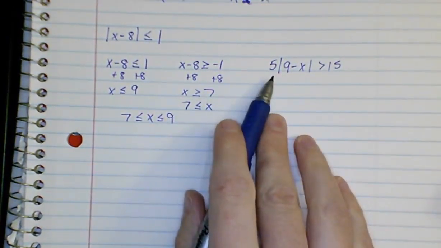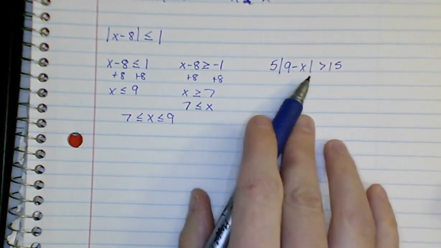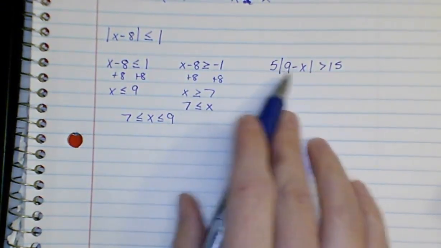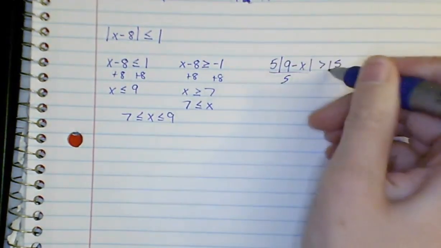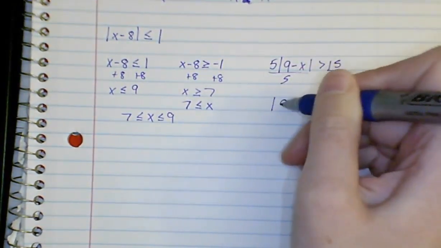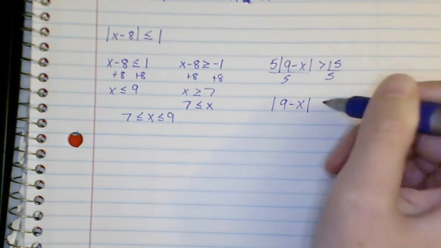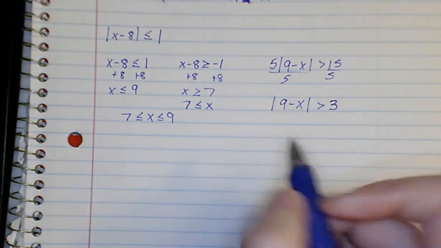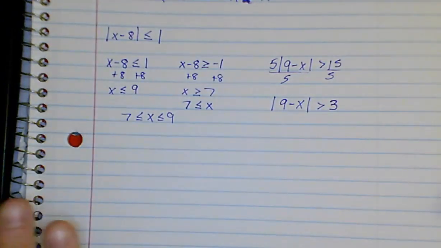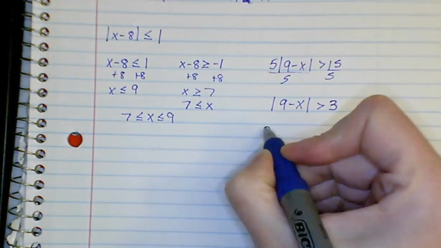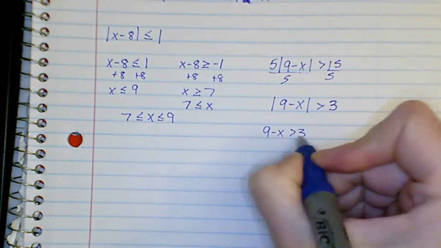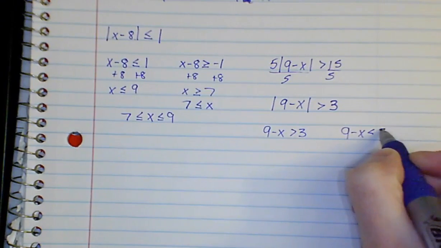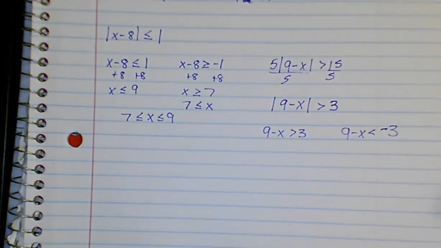Five times the absolute value of 9 minus x is greater than 15. With this, we cannot distribute that 5 through, but we can divide it. Again, absolute value is not the same as parentheses. Now that we have the absolute value isolated, we have 9 minus x is greater than 3, or the 9 minus x can be less than -3 in order for this to work.